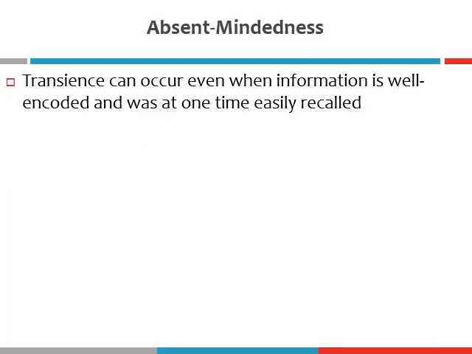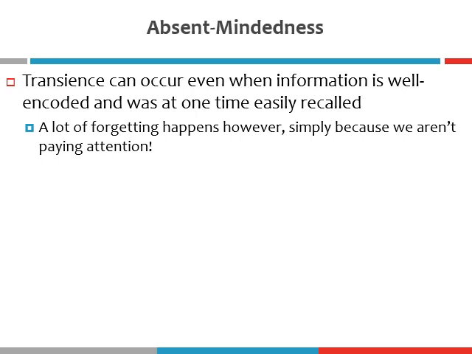Okay, our next example of errors of omission, which occur when information is omitted or forgotten from memory, is absent-mindedness. So absent-mindedness is basically forgetting that happens because you aren't paying attention, right?